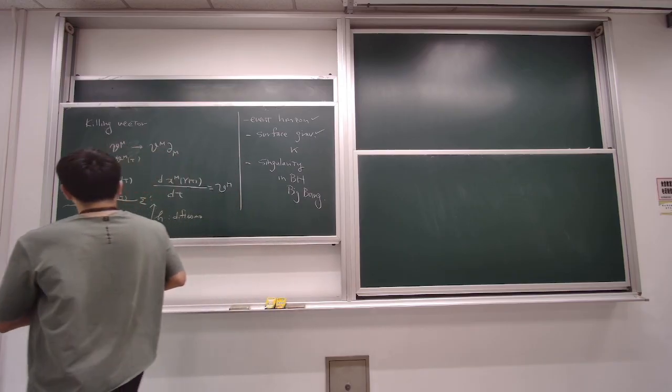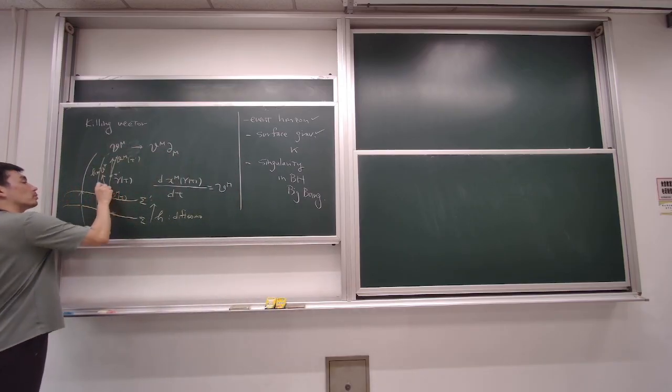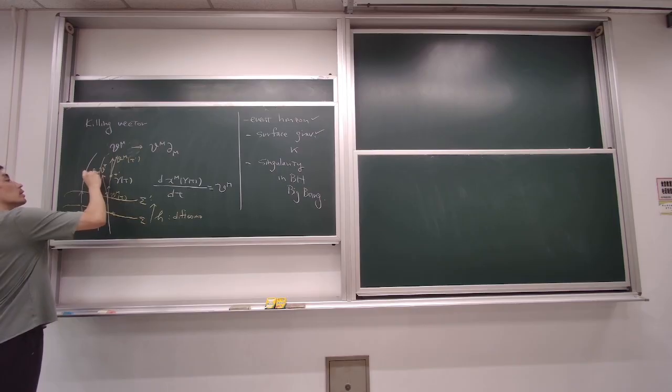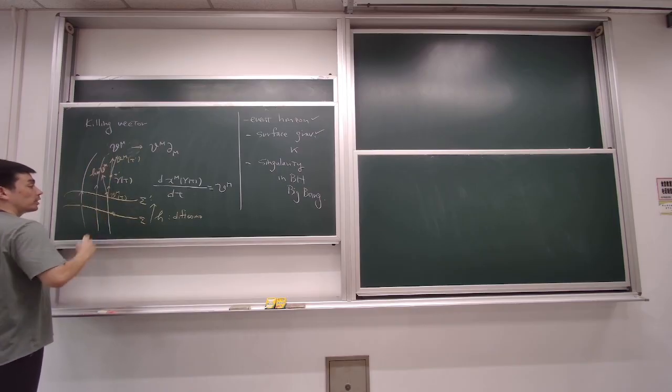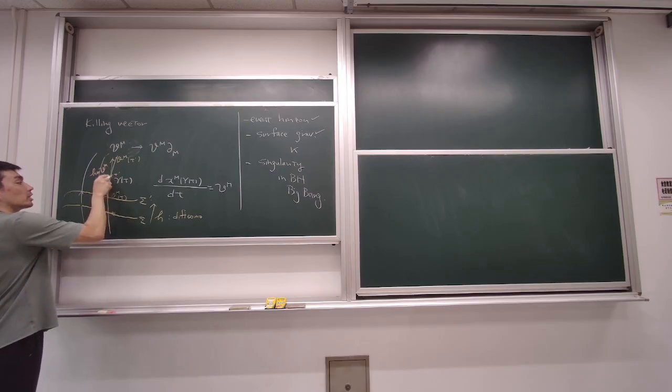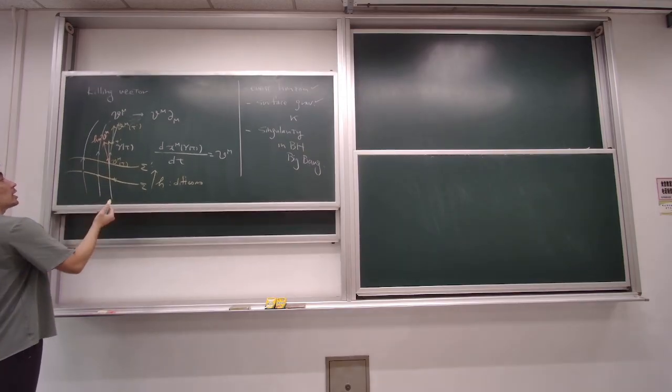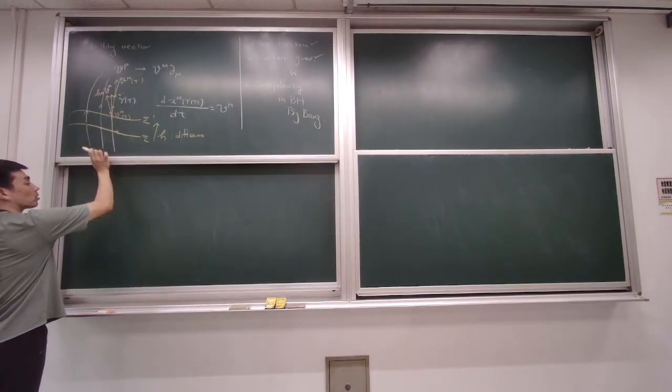Let's write down the push forward, h star of b^mu, and you can compare it with the genuine tangent vector. The difference between them is called the Lie derivative.